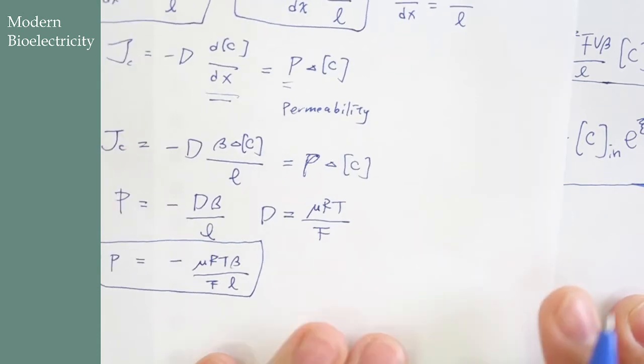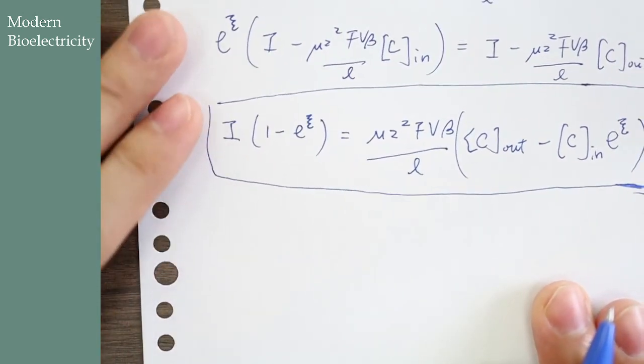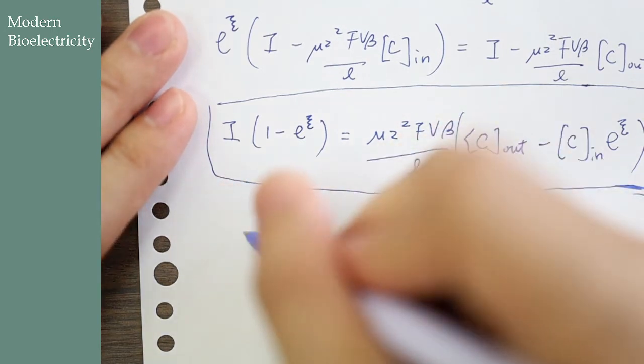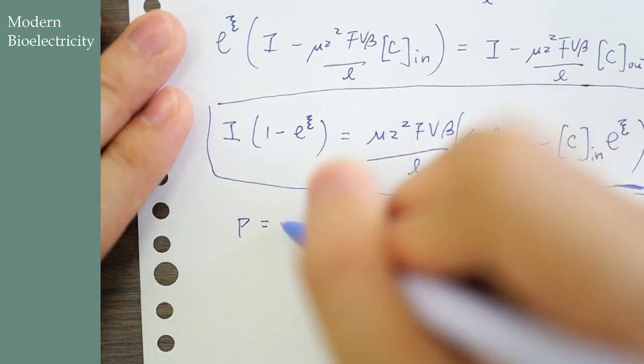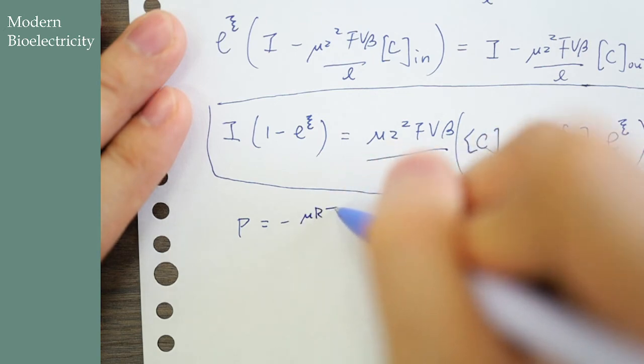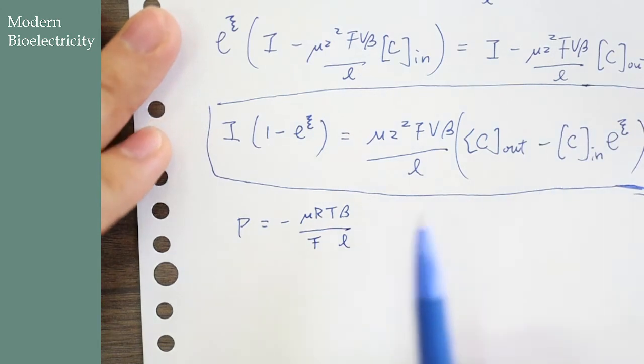Permeability is equal to minus mu RT beta divided by F and L, right?